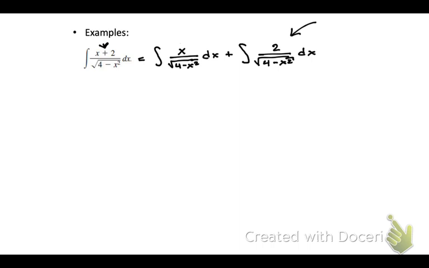Let's do the rule for the second part of it. So u would be x, correct? Mm-hmm. And u prime would be 1, and a would be 2.